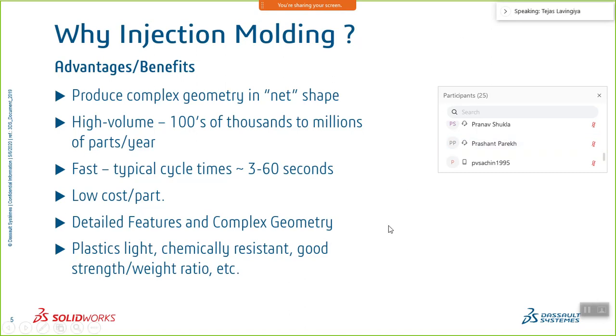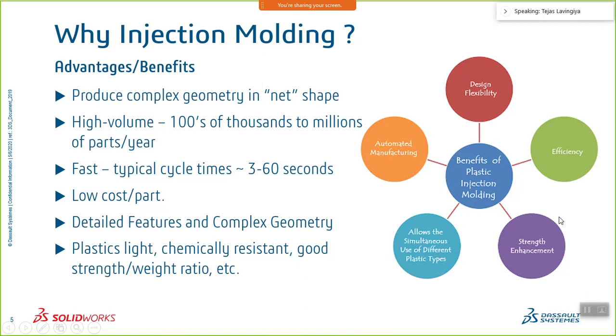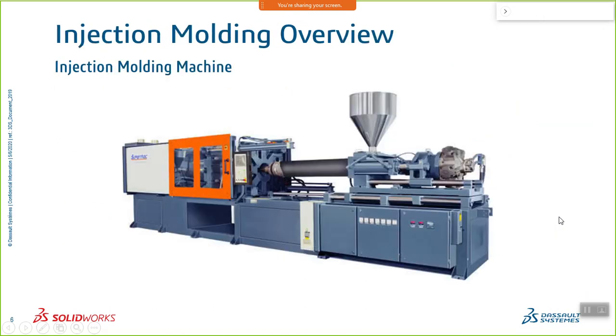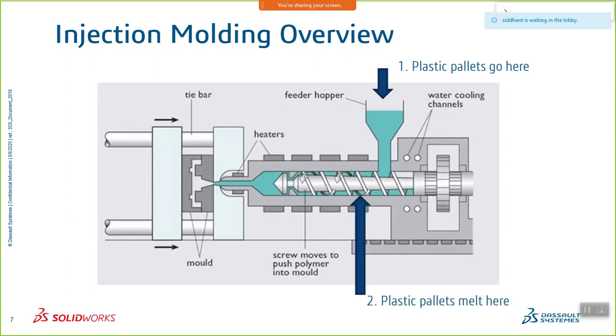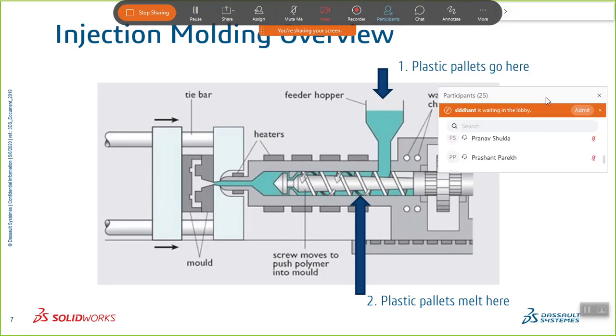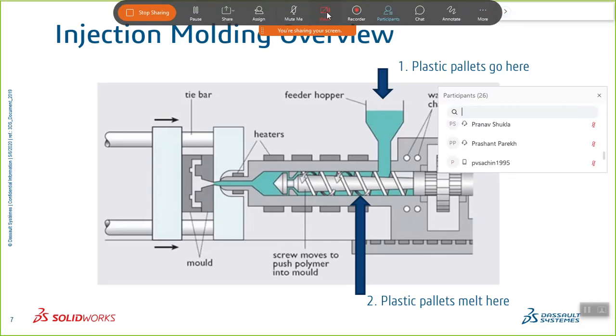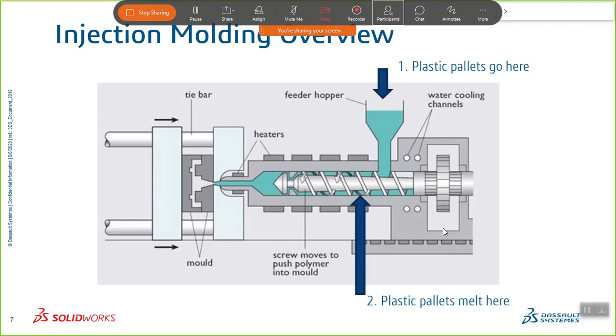Now let me take you to the next slide. This is the injection mold overview. Right, so I'll quickly brush up your knowledge on how this machine works. The plastic pellets go in here, then the plastic pellets are melted over there. There are various stages by which the melting takes place, right?